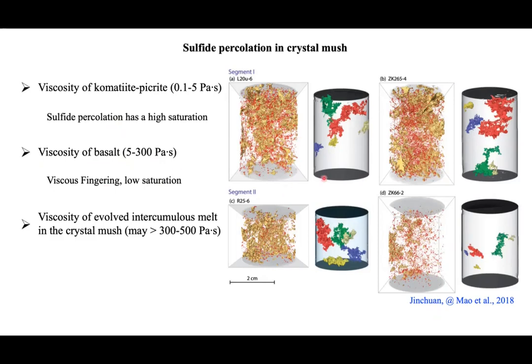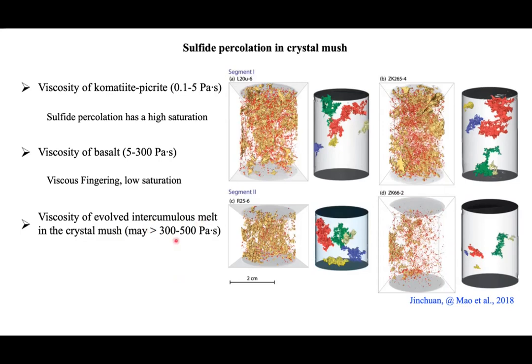This is a 3D result from the Jinchuan deposit, and the sulfide in this sample looks just like viscosity fingering. If we think about the crystal mesh, the viscosity of the intercumulate melts should be very high.